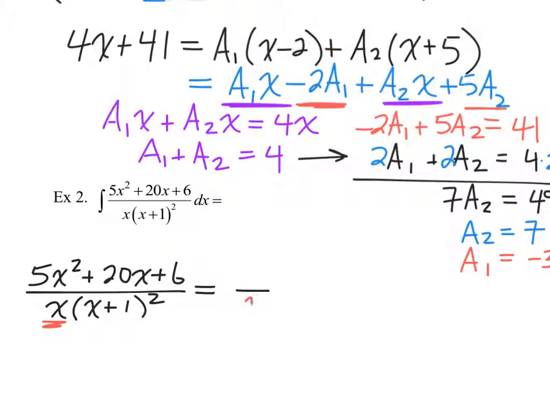Linear factors get constant numerators. So that's my a sub 1. Now, I have a linear factor raised to a power here. This is that really weird looking one up above where it has the expansion, like there's like 1,000 terms to it. That's an exaggeration, but it seems that way.